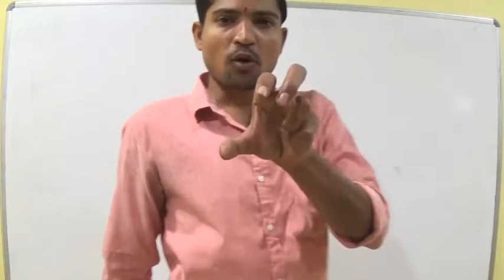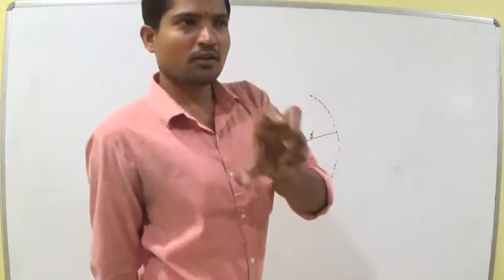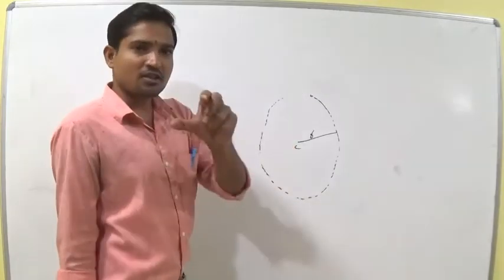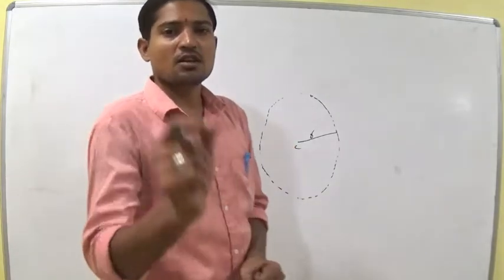The set of points in a plane from a fixed point with fixed distance is called circle.